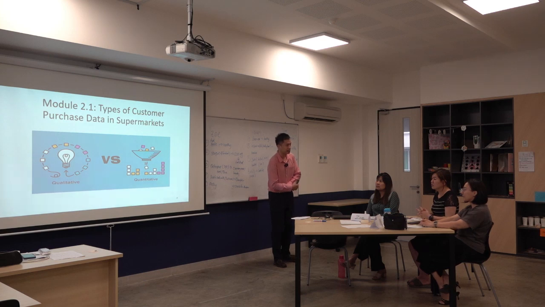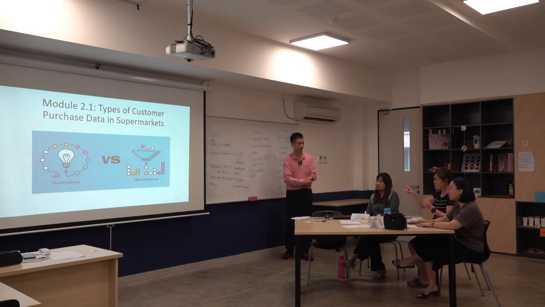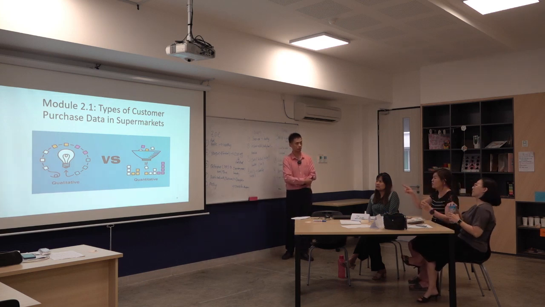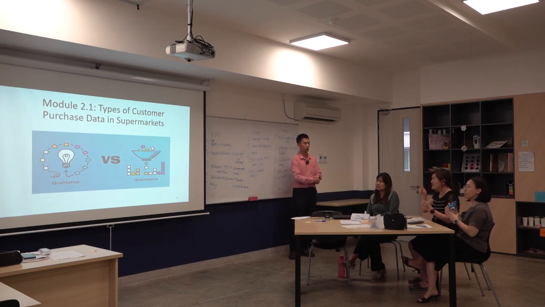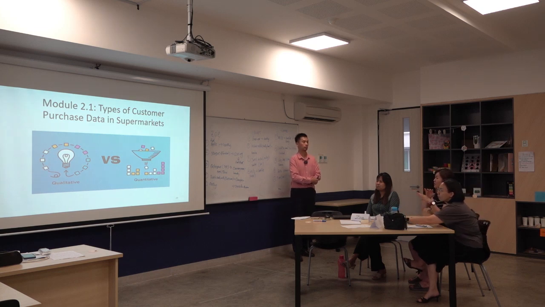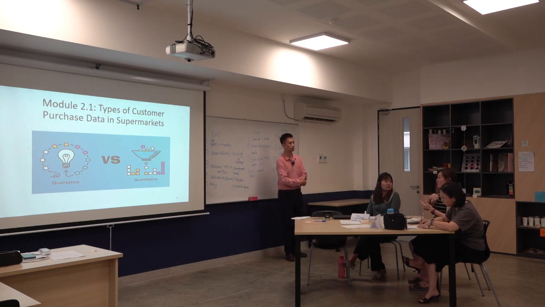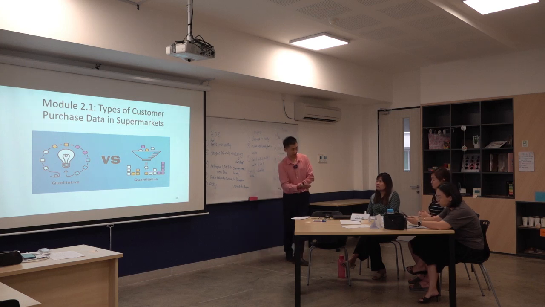How do you think, Violet? I think also quantitative is easier to collect because the number will not tell you a fake story or whatever. But qualitative will be easily influenced by people's bias. Maybe like me, today I'm in a bad mood, so I will give you bad feedback. That kind of thing. Okay, thanks for your answer.